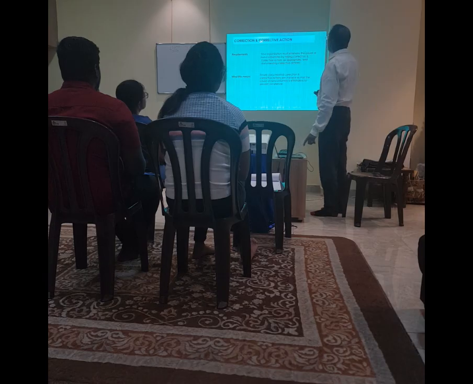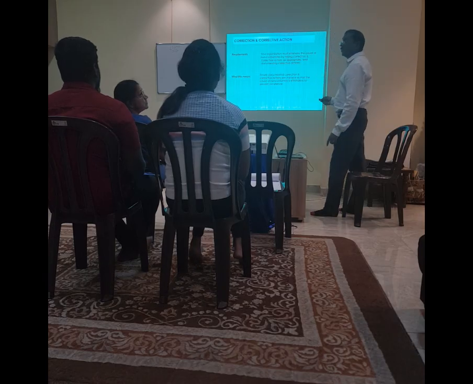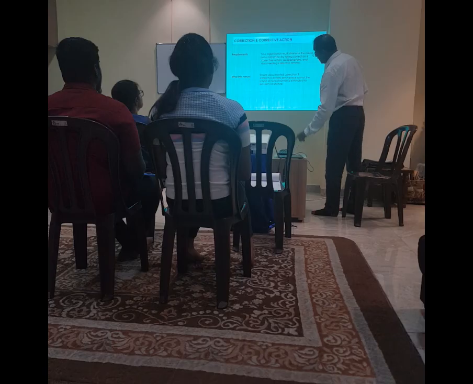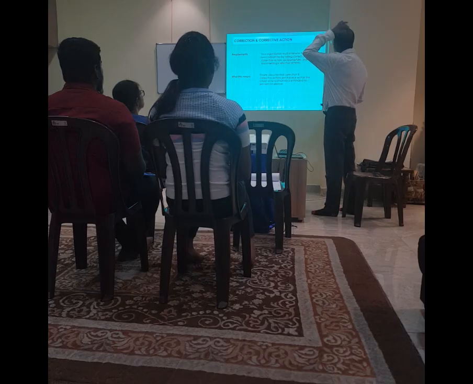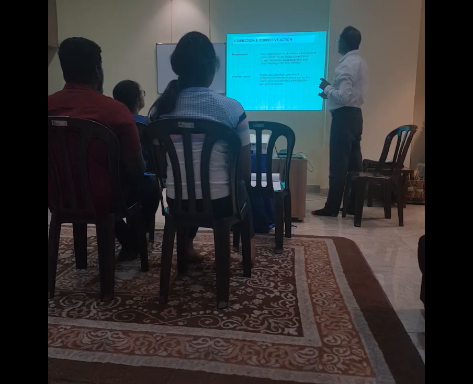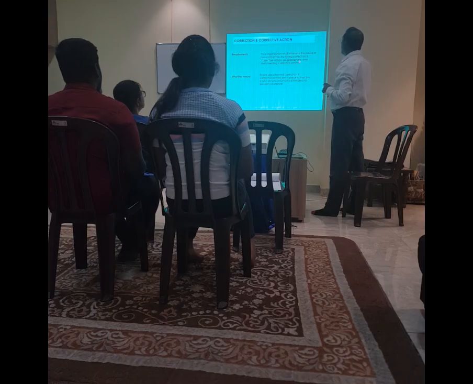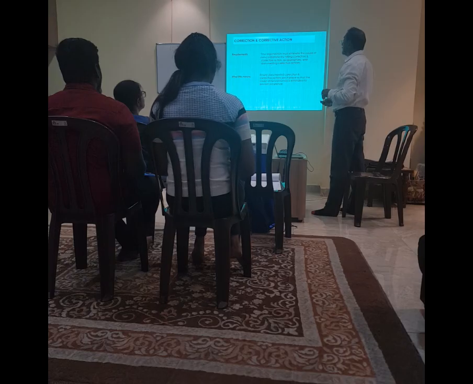What is correction and corrective action? Okay, just now you already learned what is correction. Very simple. And what is the corrective action? Requirements: your organization must eliminate the cause of non-conformity by taking correction and corrective action as appropriate, and documenting the corrective action.